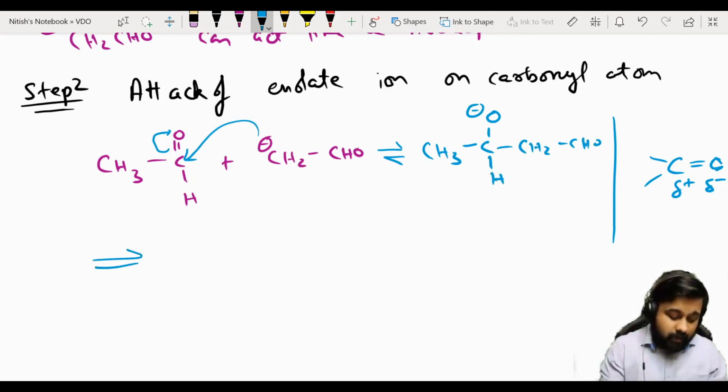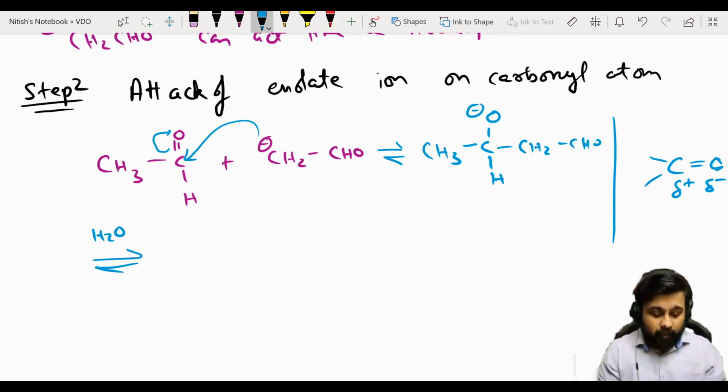This gets one proton from the solvent, like water, which gives one H positive, leaving behind OH minus. That OH minus can be used in the same reaction again by another molecule.